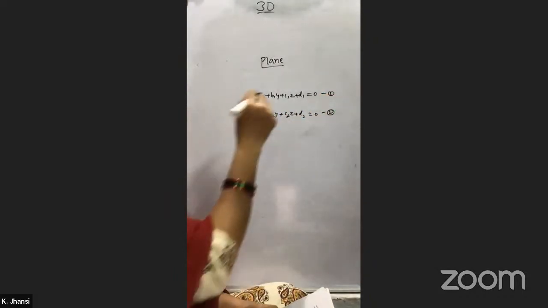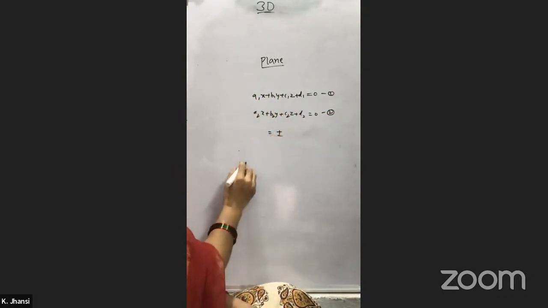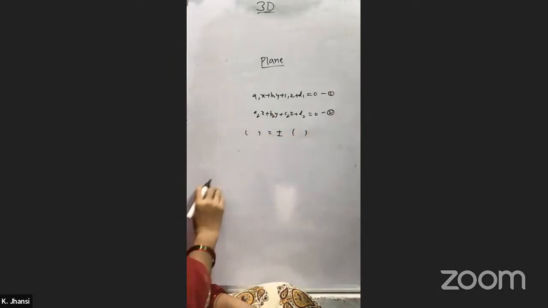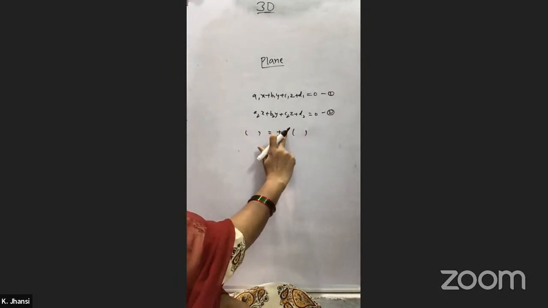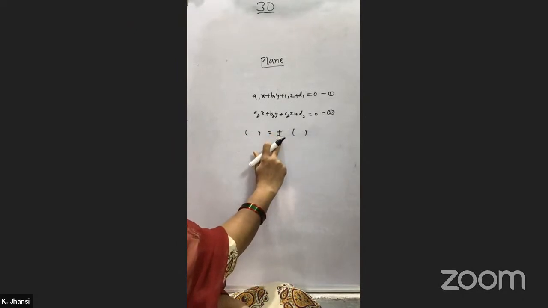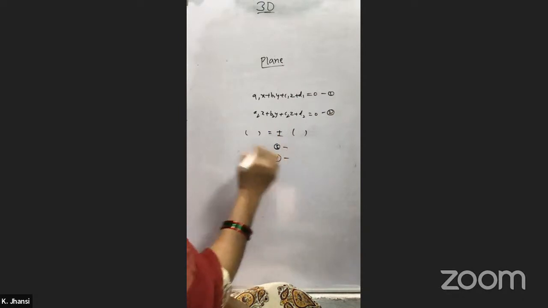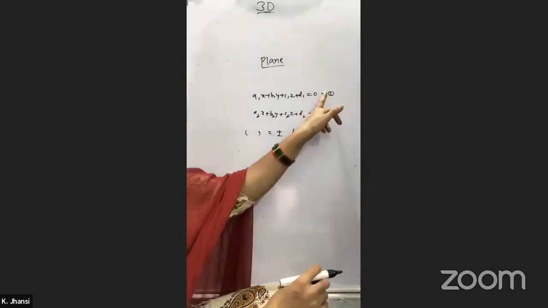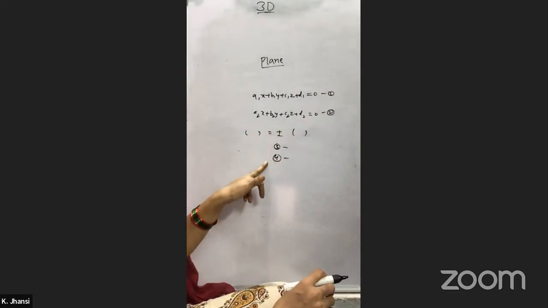If you substitute in the bisectors formula, you will get the plus or minus sign for this one and this one. After simplifying, for one you do the addition and for the next you do the subtraction, so you will get another two plane equations, 3 and 4. That means 1 and 2 are the given planes, and from this relation we got two more planes.